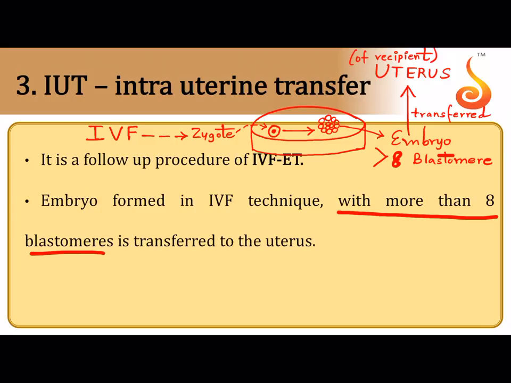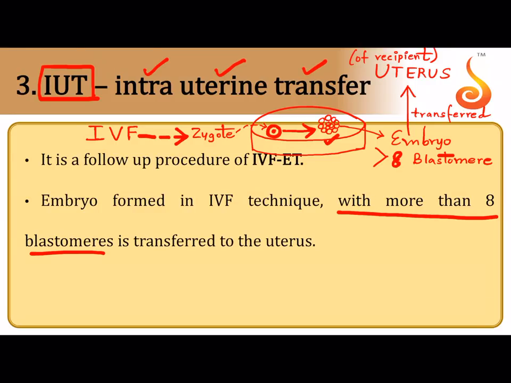Why all this? Because naturally, when the husband and wife try to bear children, it is not happening. As a result, we need all these medical interventions. You understood the difference? The product of in vitro fertilization was a zygote. The zygote is allowed to develop into an embryo. Remember, I am talking about intrauterine transfer. Intra means within, uterus transfer.